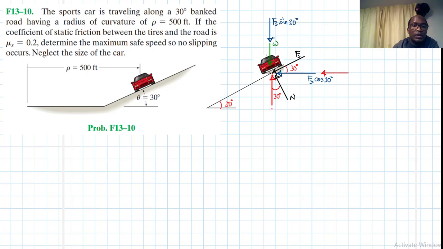Alright, this one is just going to be equal to N cos 30, and this one will be N sin 30. Alright, I guess we are done.